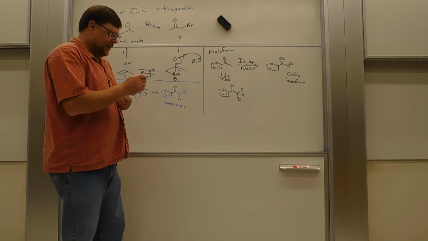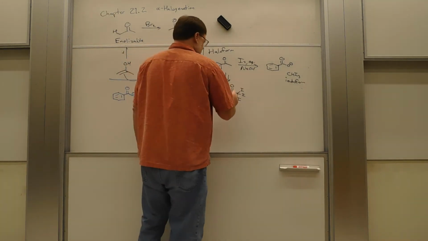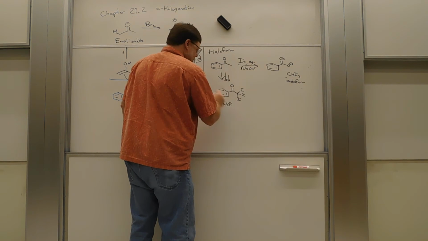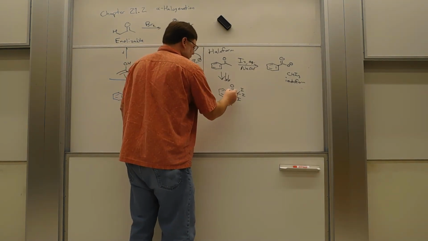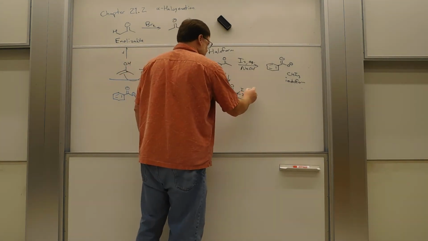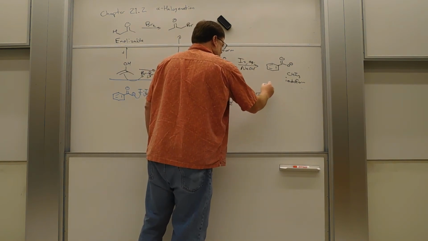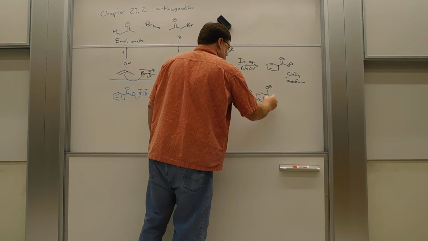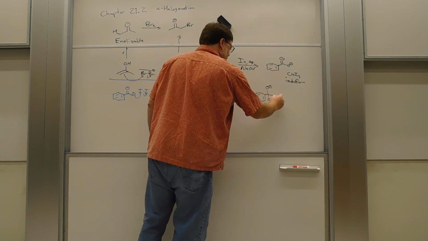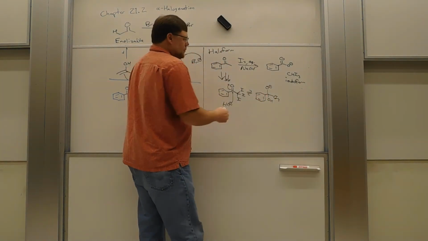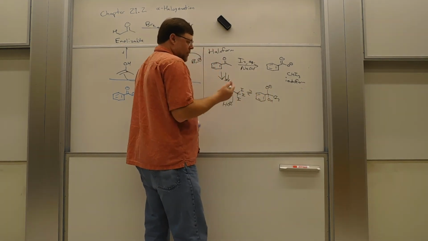Okay, now the last step is like a hydrolysis from chapter 20. Okay, so hydroxide adds in, pop the electrons up onto the oxygen. Now, the O minus can kick OH back out. That probably happens some.